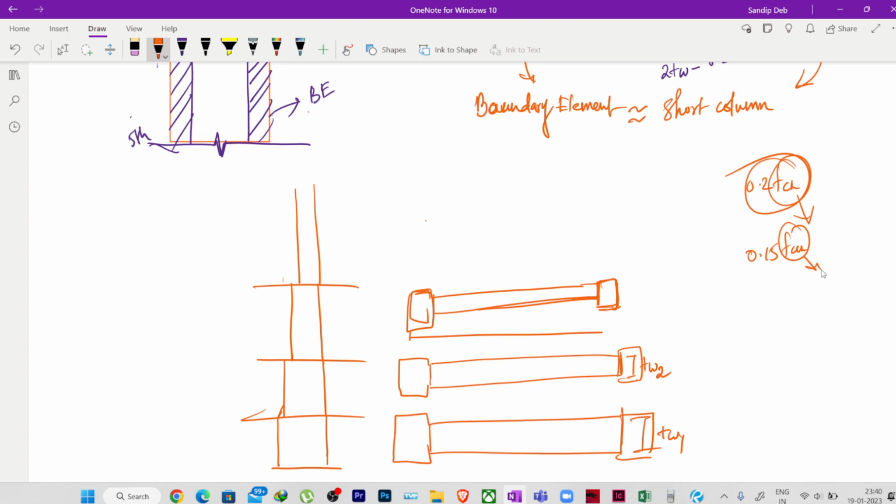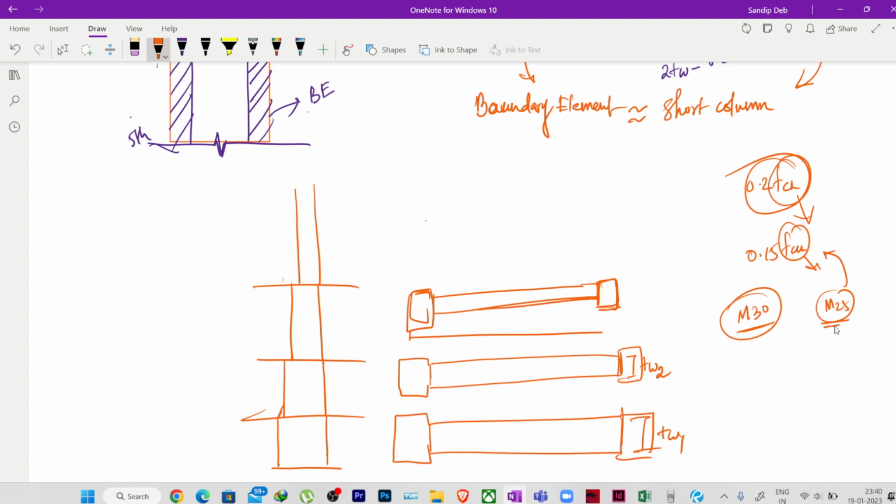So maybe up to the 12th floor we have provided M30 grade of concrete for the shear wall, and where the induced stress is less, even if you provide M25 grade and calculate 0.2 fck, the stress will be less than this, less than 0.2 fck.